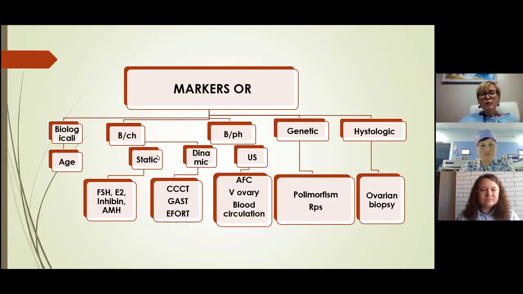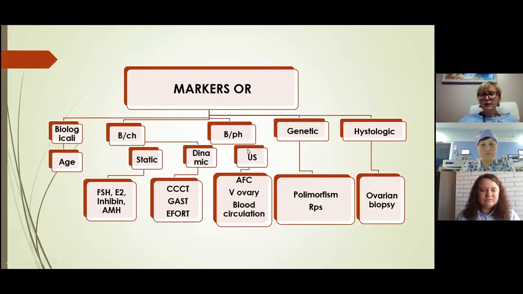Biochemical markers we can divide into static and dynamic. Dynamic are different tests: we can give some medication, then measure something and see if the ovary is working well or not. But now we don't use a lot of this kind of test. We are using mostly static ones: FSH, LH, etc., different hormonal molecules.